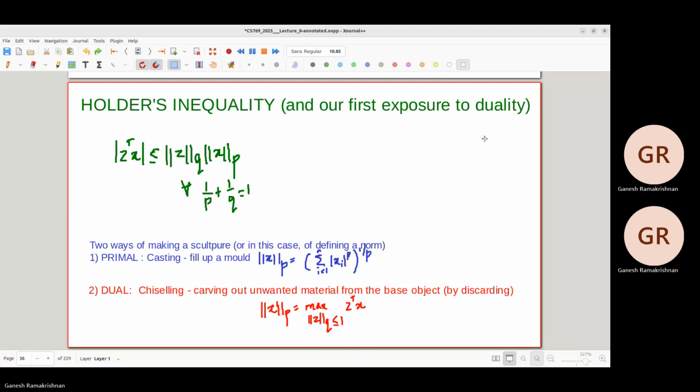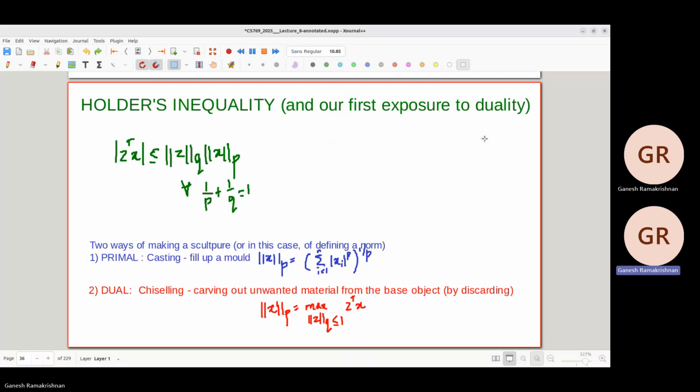You see, I'm chiseling away based on Q to define P. Or you can think of, if you remember, I talked about supporting hyperplanes and convex sets. One way of defining a convex set is saying it's a convex combination of so many points, like the convex hull. Another way is saying it's the intersection of multiple supporting hyperplanes.